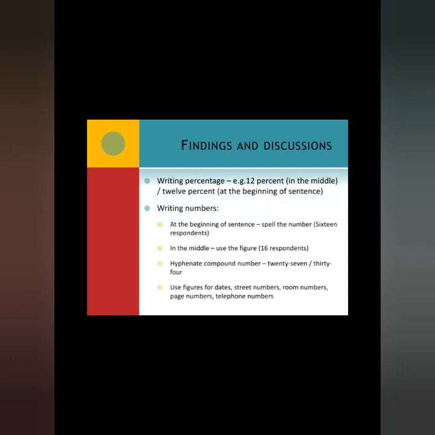Next, findings and discussion. As I said, usually for findings you will use past tense. For discussion, you will use present tense, except when you are referring to past findings. If you have numbers, let's change the pen color. Like this one, 12%, number 12.